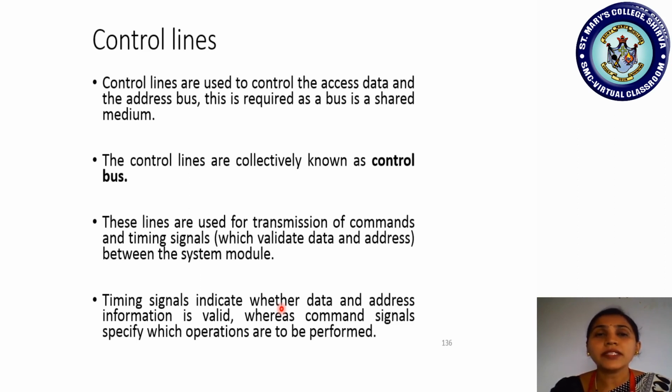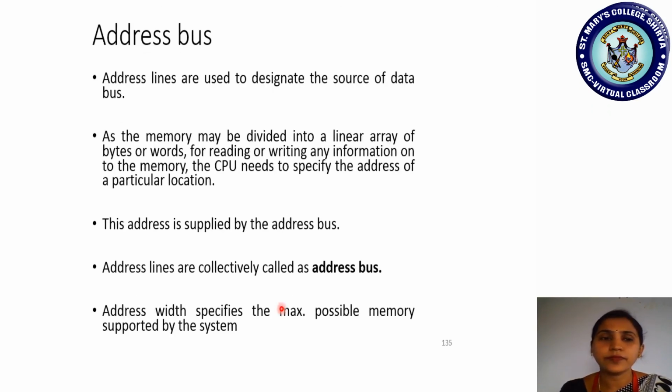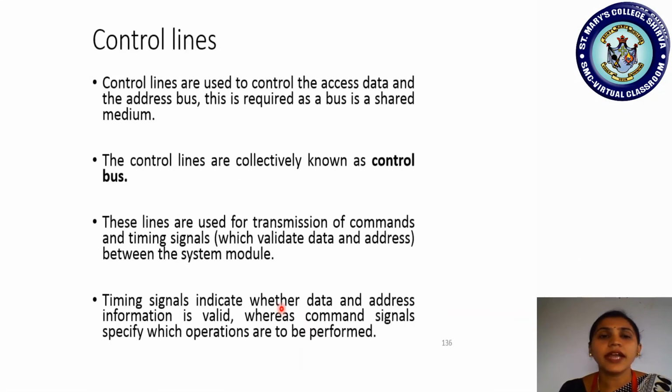So timing signals try to validate whether it was recent information or not, whereas command signals specify what type of operation has to be performed. So this is about the system bus: data lines, address lines, and control lines.